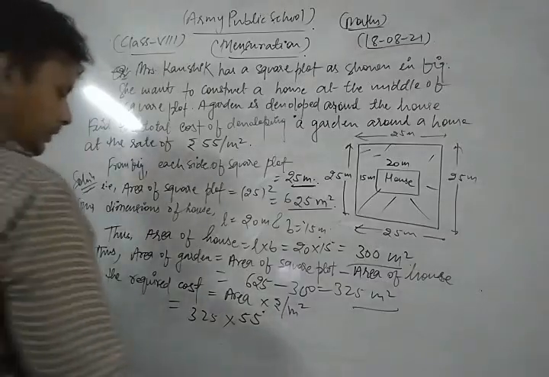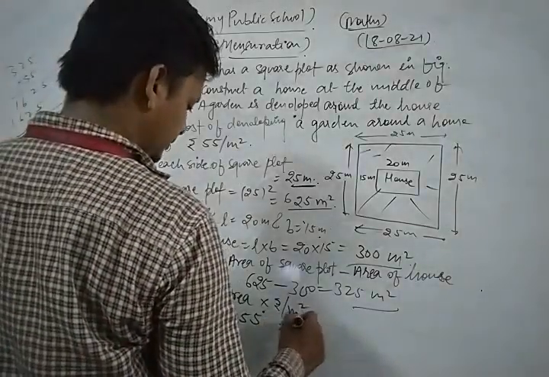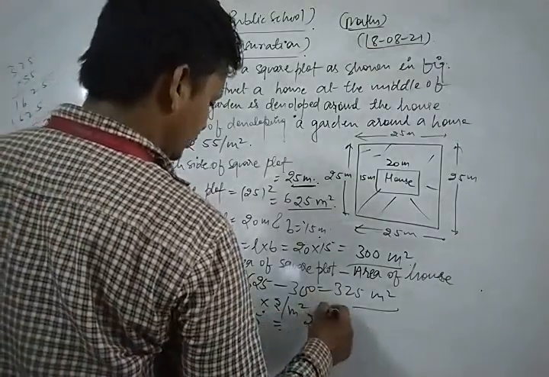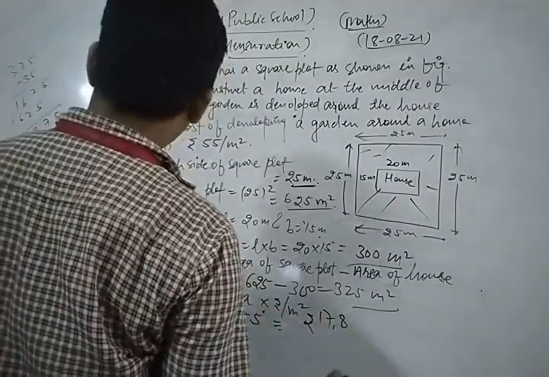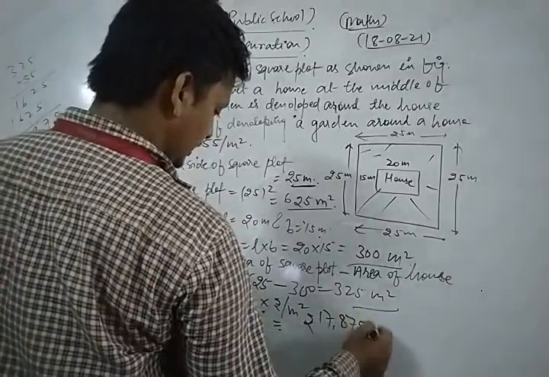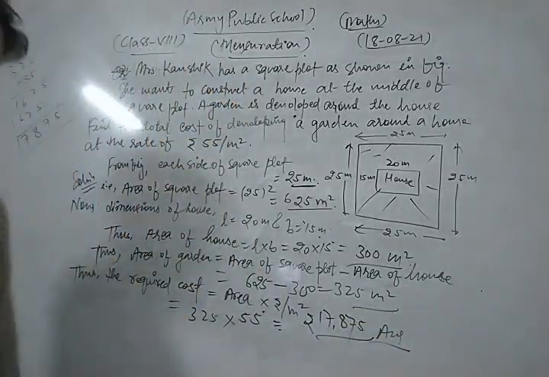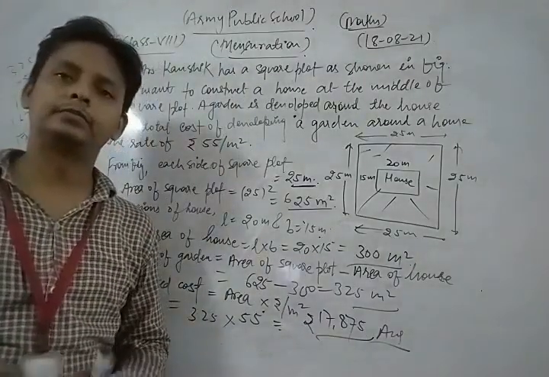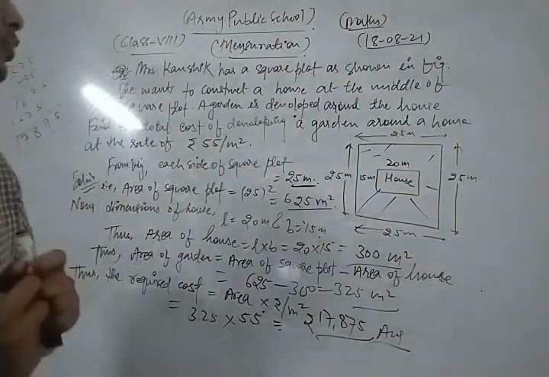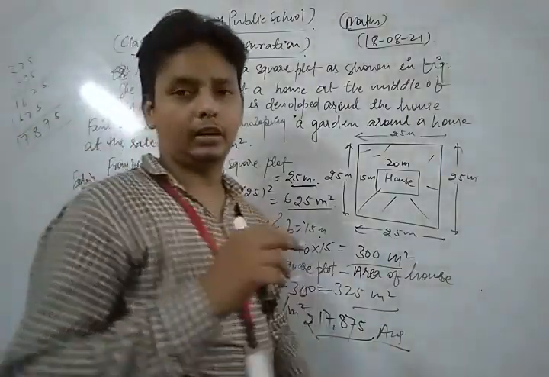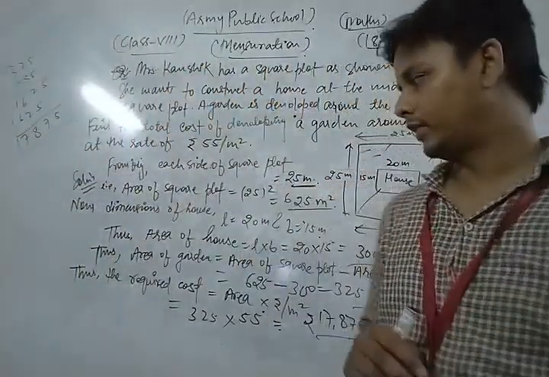We get rupees 17,875. This is the required amount for developing a garden around the house at the rate of rupees 55 per meter square.